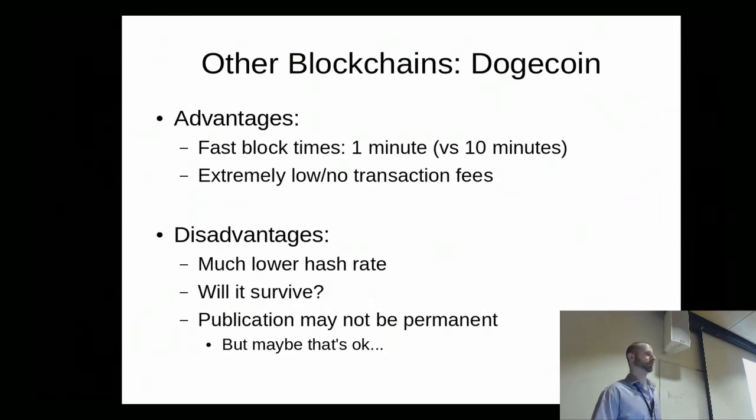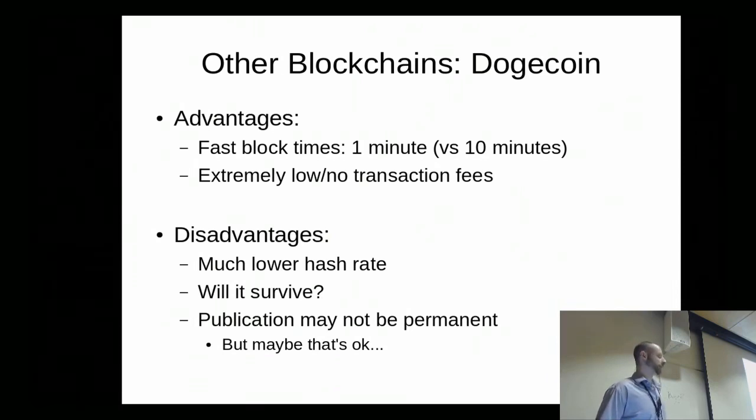And the hash rate, the collection of all the hash rate for all miners, is what specifically protects the blockchain from being reverted. So it is a bit more vulnerable to transactions being reverted, which means publications being reverted.